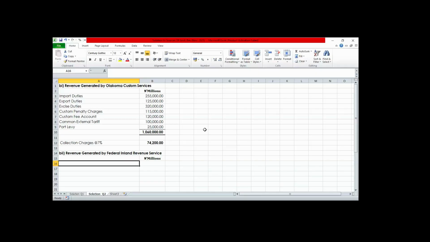We have company income tax. How much is that? 500,000. The next one.